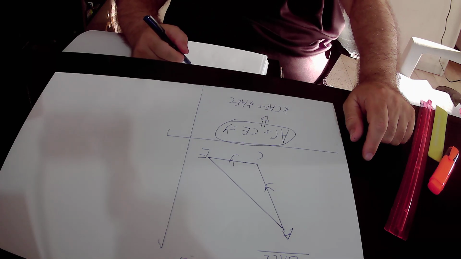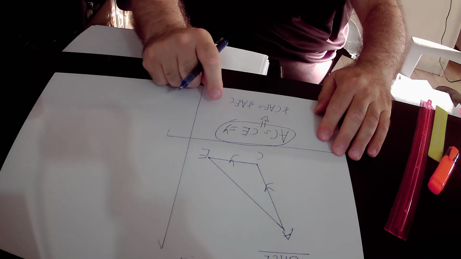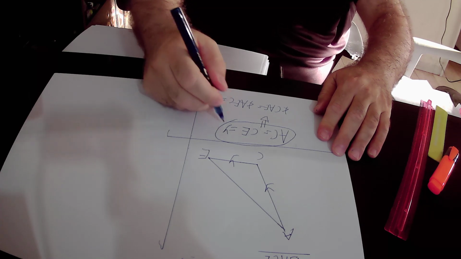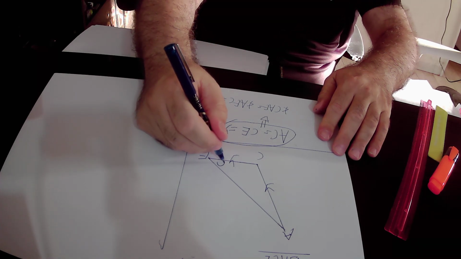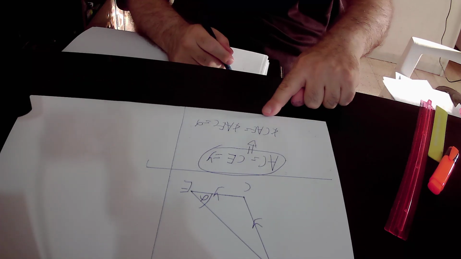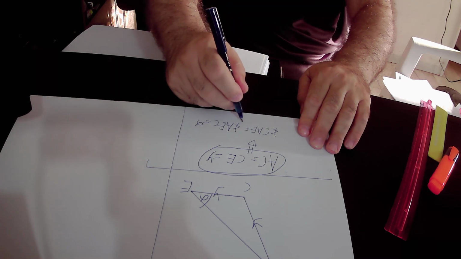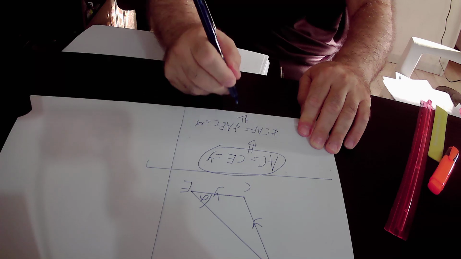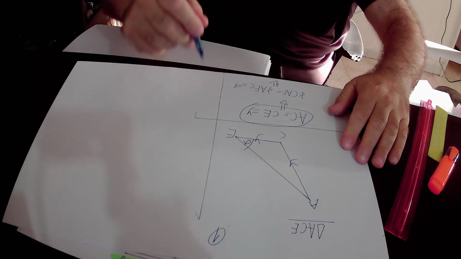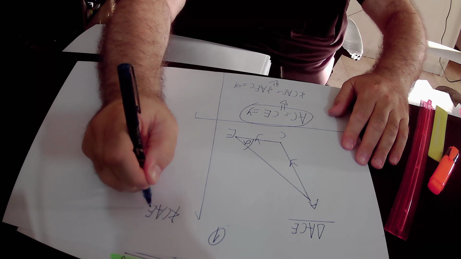If we define angle AEC as alpha, then from this equation we derive that angle CAE is also equal to alpha.